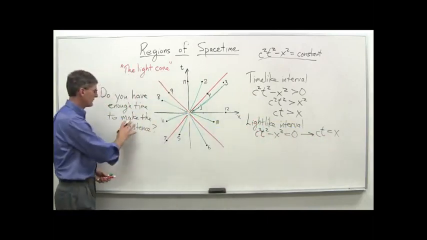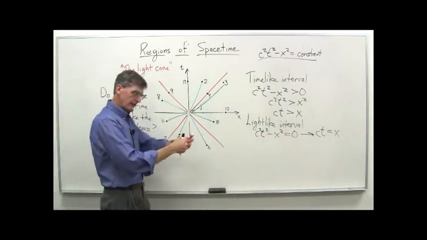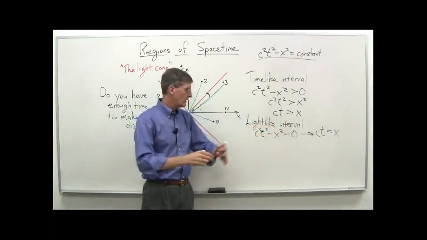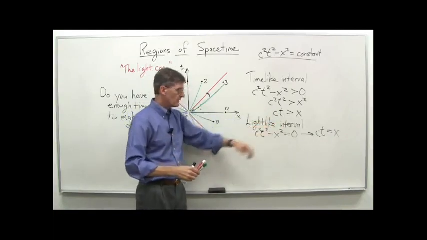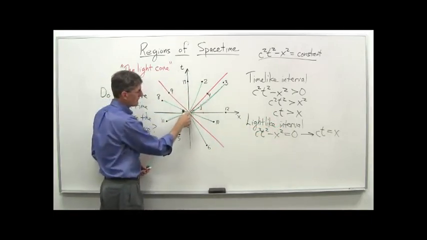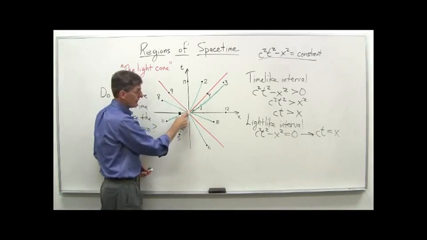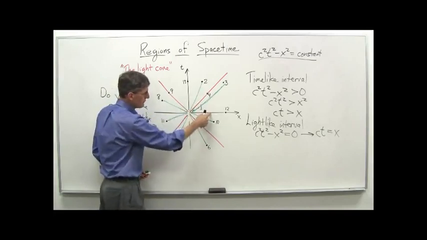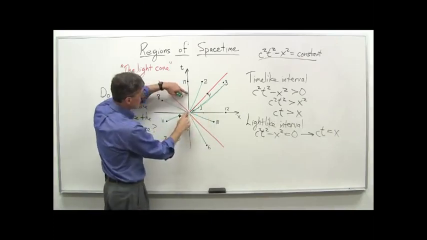Okay? In other words, do I have enough time to make the distance? If that distance is reachable just barely by something going the speed of light, we call it a light-like interval. And so in our diagram, that would be like going from 1 to 4. The only way to get from 1 to 4 in space and time is to travel at the speed of light. And again, really, you're going out here to position x, but you only have this much time to do it.